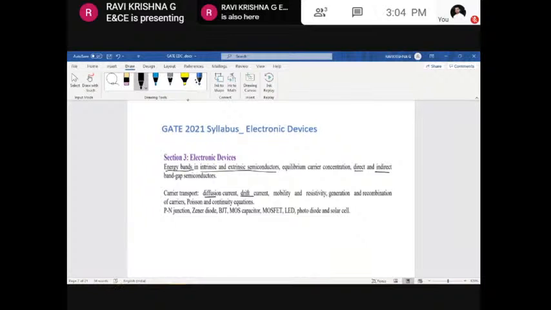Which means basically there are two types of conduction mechanisms possible in semiconductors: one is due to diffusion, and another is due to drift. With the diffusion mechanism, you are going to encounter diffusion current due to the concentration gradient, whereas we are going to encounter the drift current mechanism due to potential gradient.